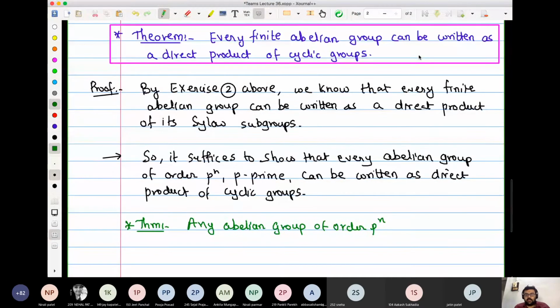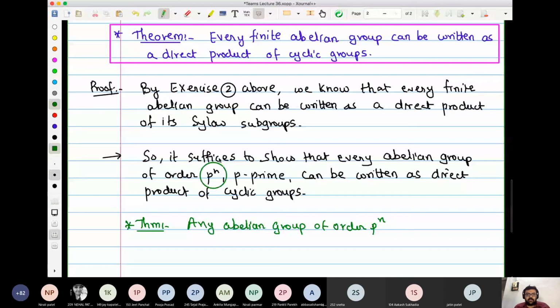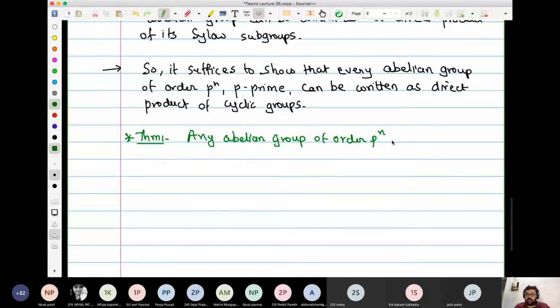If the order of G is n, then we know n can be written as p1 power alpha 1, this is the p1 Sylow subgroup, this is p2 power alpha 2, this is the p2 Sylow subgroup. And if we prove this for each individually, then we are done. So any abelian group of order p power n can be written as a direct product of cyclic groups.